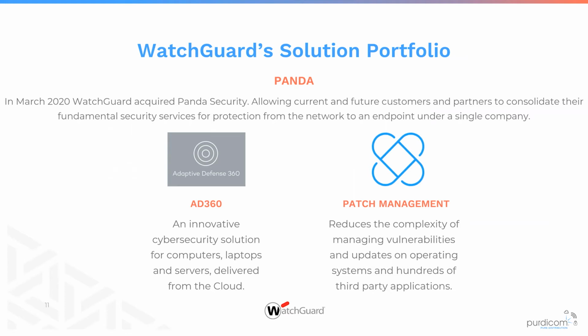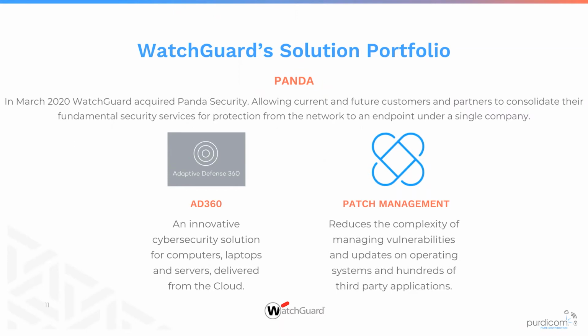AD360 is a state-of-the-art cyber protection system designed to get around the protection provided by traditional solutions. These attacks are becoming more frequent and more sophisticated as hackers become more professionalized. It is also a result of lack of focus on correcting security vulnerabilities in systems that Panda AD360 aims to stop.